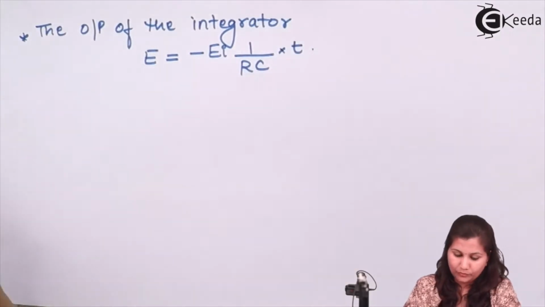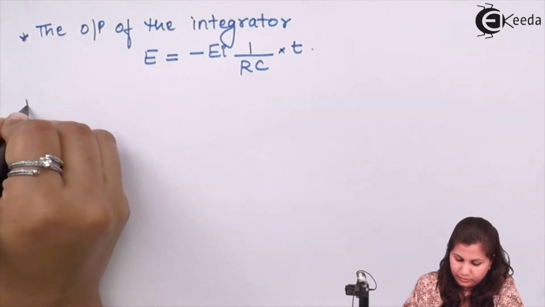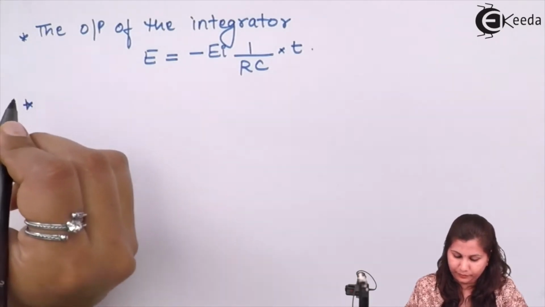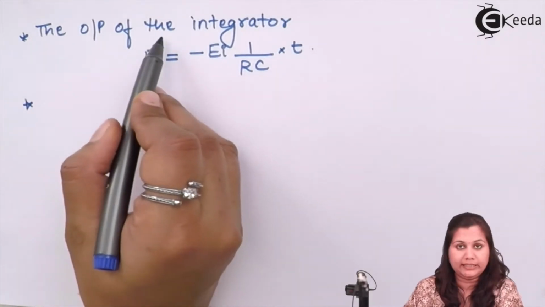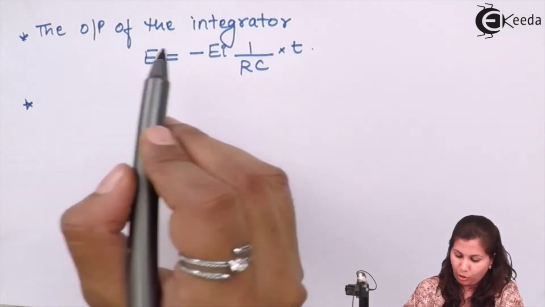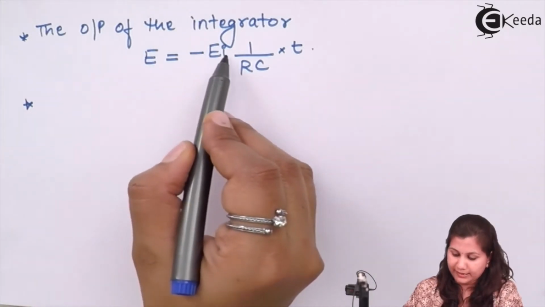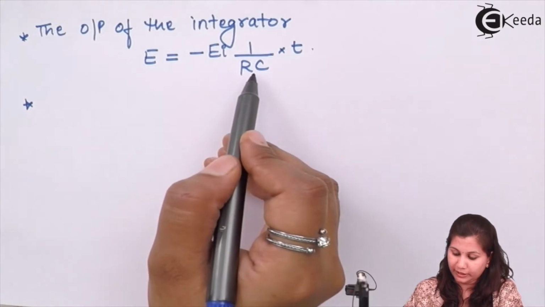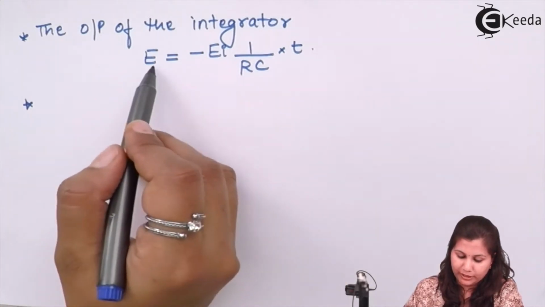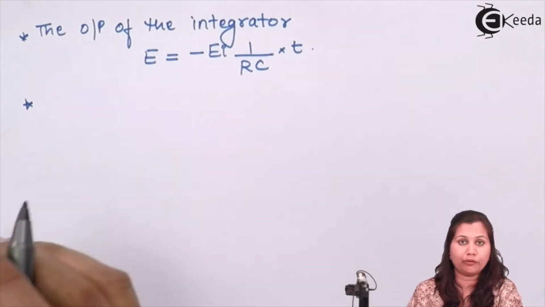If we see the output of the integrator, we can see that if a constant input voltage EI is applied, because R and C are the constants of the integrator, the output voltage is produced at a uniform rate.